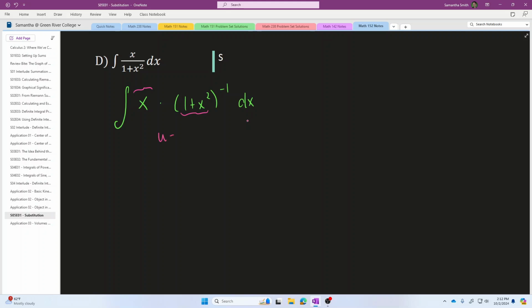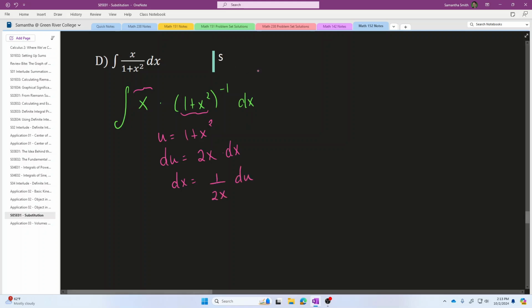So if I let u equal 1 plus x squared, a nice complicated u, then du would be equivalent to the derivative of this, 2x, times dx. So dx would be equivalent to 1 over 2x du. And let's see what happens to this integral if I put this information inside. I have the integral of x times what is now u to the power minus 1.